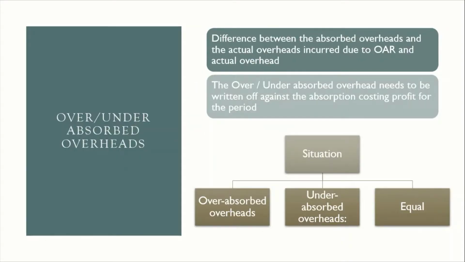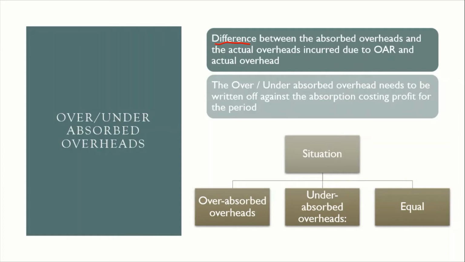Okay, so due to the absorption using the OAR method, which is our predetermined absorption rate, there would be a difference in the actual and the budgeted overhead. Okay, so you know this because you just recently learned in chapter 4, there would be a difference. Okay, so the difference would be over or under absorbed overhead.